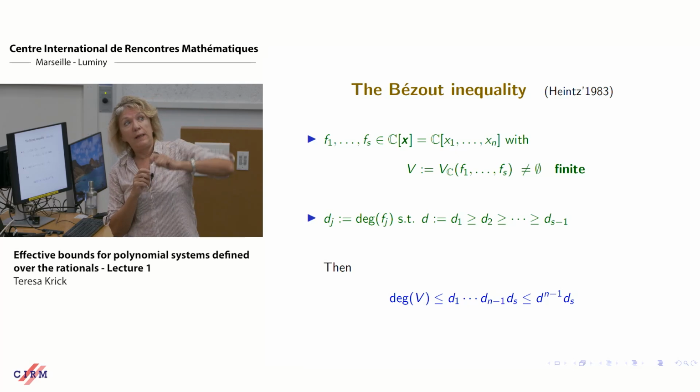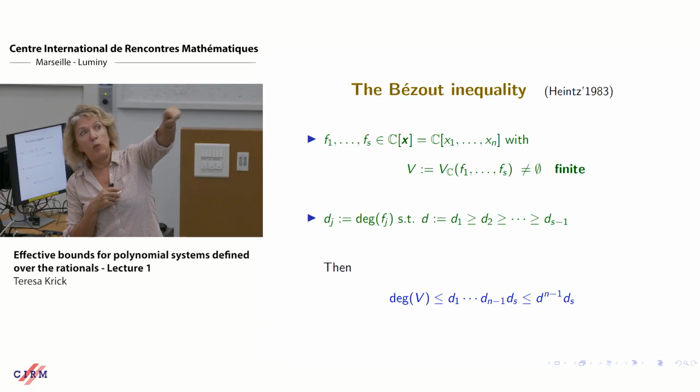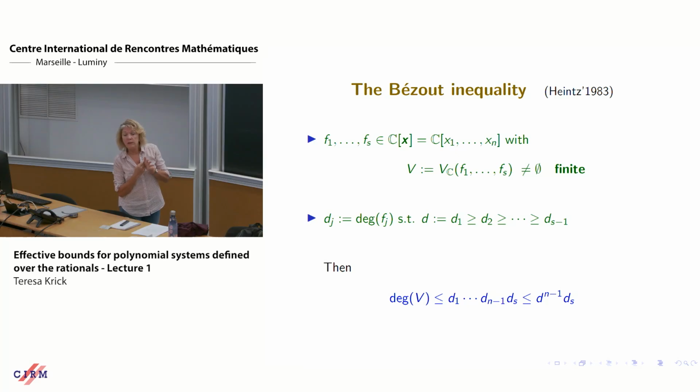And this other one is usually taken to be the smallest one. So that's why I wrote the product of d1 through d(n-1) times ds. If all but one polynomials are bounded by degree d, and ds is the smallest one, you have this bound for the number of points.